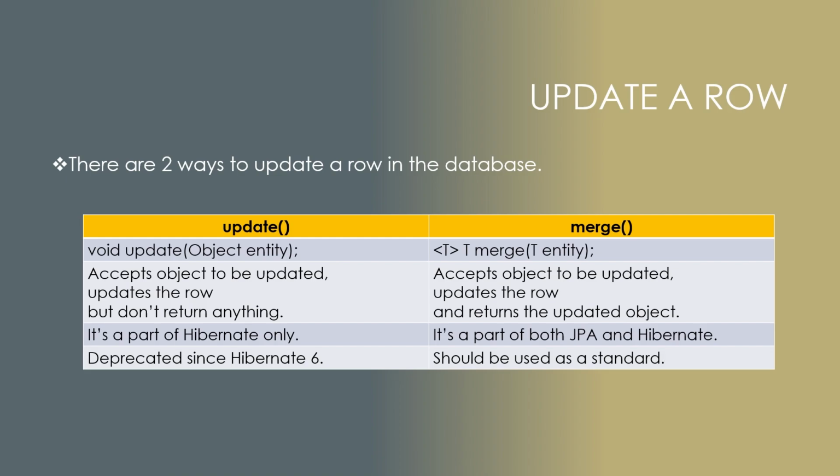Maybe your interviewer doesn't know, so then you may need to prove it. You need to go for some documentation. I have provided the documentation in the previous video, and otherwise in the description of this video you will also see it. There you can check. Here I will directly show you in the code why to go for merge and not the update method.